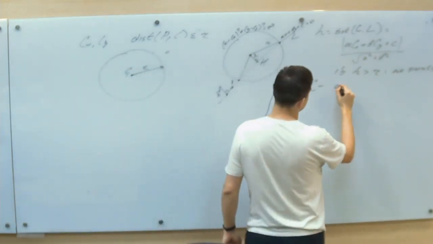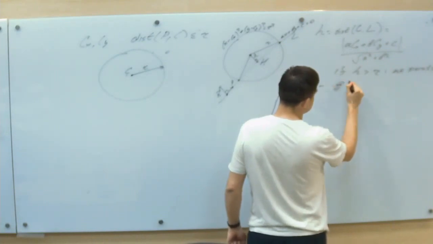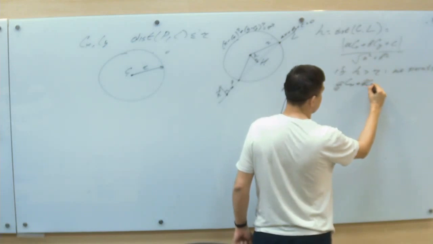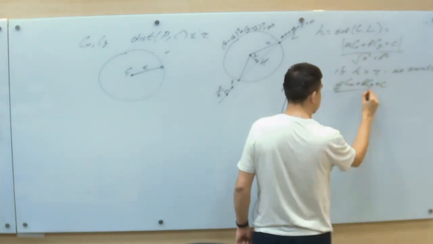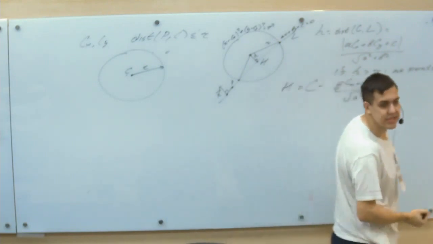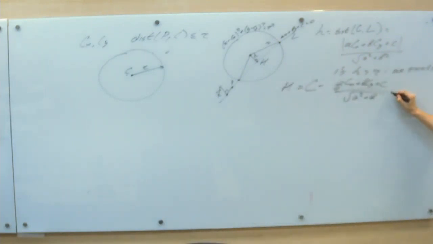So it's (A Cx plus B Cy plus C) divided by square root of A squared plus B squared. So this is the sign distance, and we multiply it by the normalized normal vector. So AB divided by square root of A squared plus B squared.